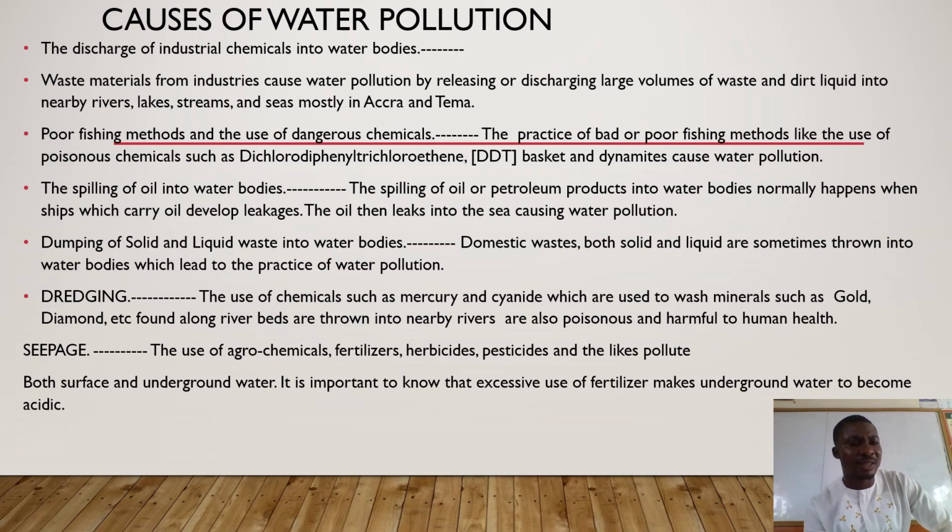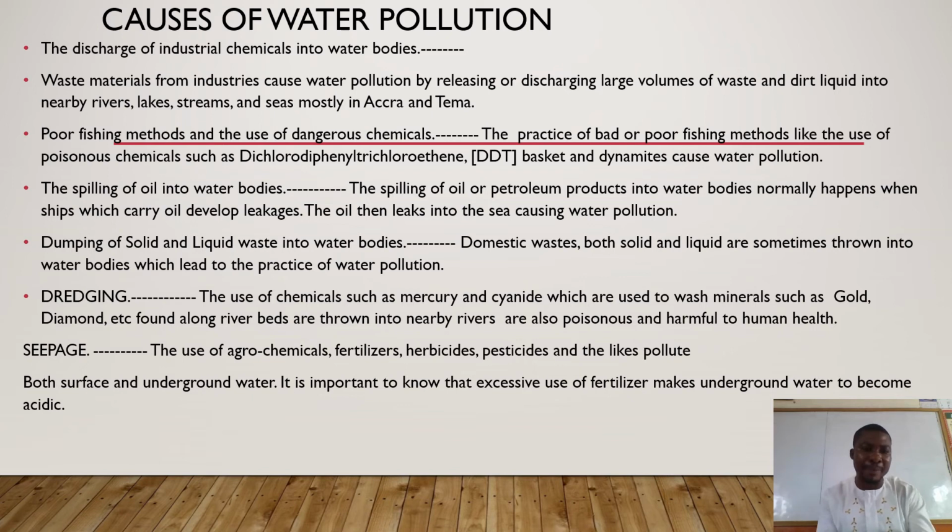Bauxite too. What are we talking about here? We are saying that the chemicals, mercury and cyanide, are used to wash gold, diamond and other things at the river bank.